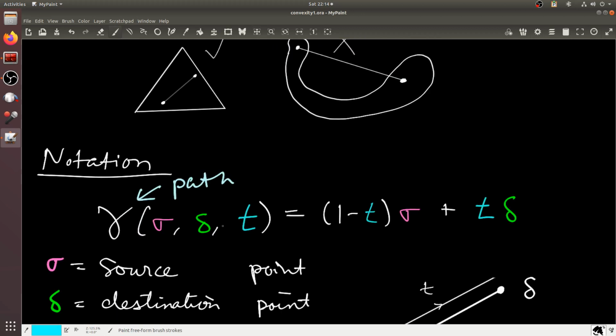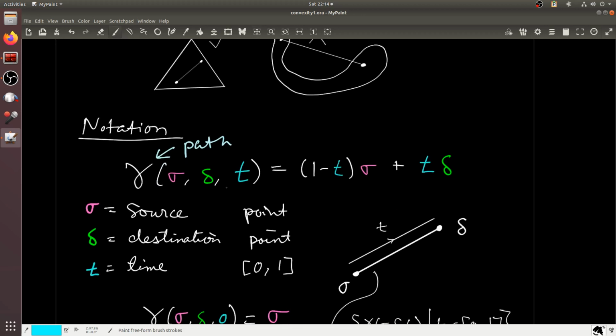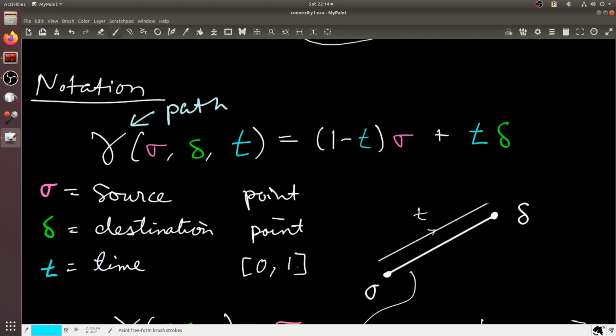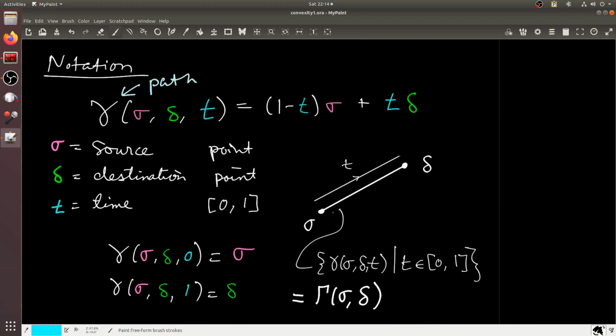Alright, so this notation I invented, it's not really much of an invention: little gamma of source, destination, and time. Source and destination are points. Time is a number between 0 and 1. And it's equal to (1 minus t) times source plus t times destination. It just means the straight line segment going from source to destination.